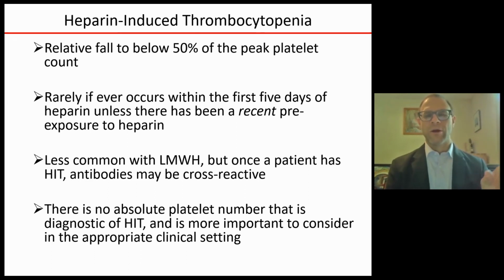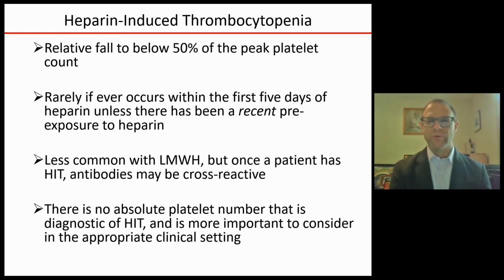And these blood clots are arterial or venous. So if platelets are falling, it's important to consider this diagnosis. And it does happen more with heparin than low molecular weight heparin, but it can happen with either. So switching to a low molecular weight heparin, once the diagnosis is being considered, is really too late.